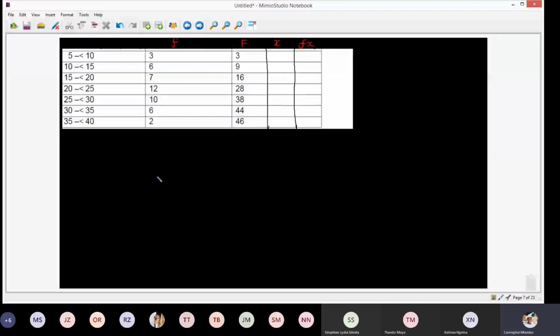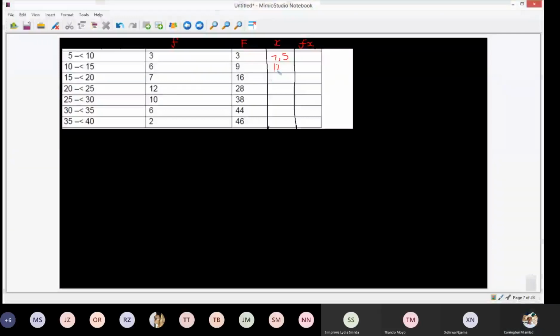Let's find out, did we get the same answers? The cumulative frequency was done for you already, so you just needed the midpoint. I think the first midpoint is 7.5. I think we all get the same answer. Then the second midpoint was what?